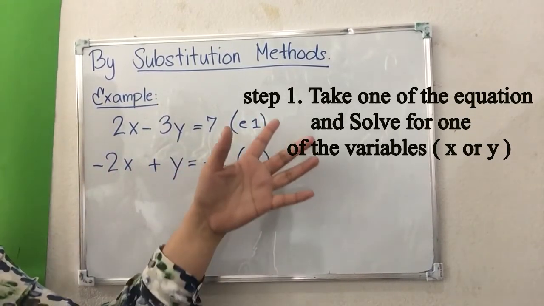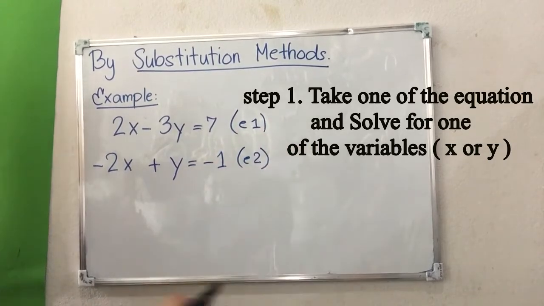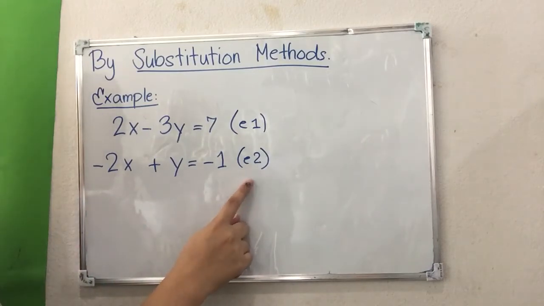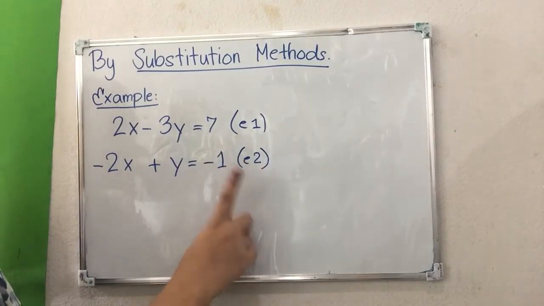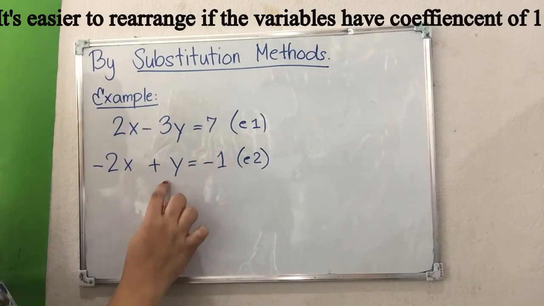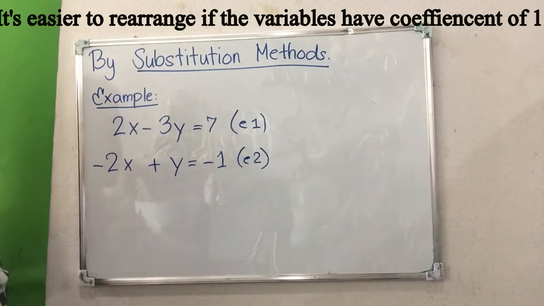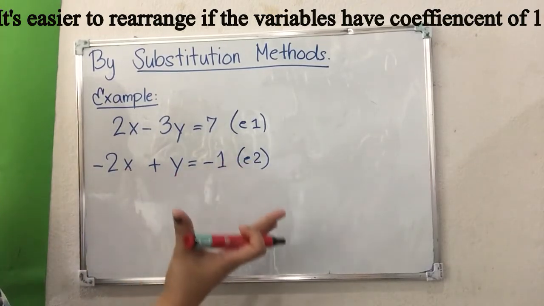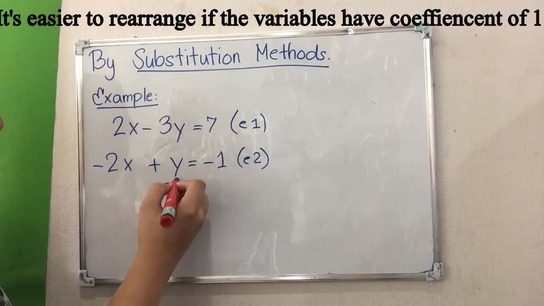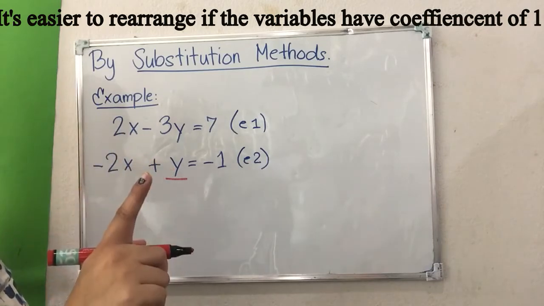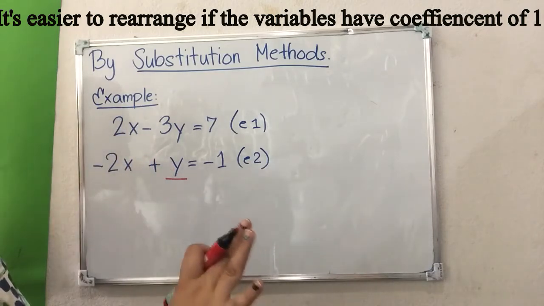All right, so we will use equation 2. Why equation 2? Because it's easier to rearrange. The y in equation 2 is easier to change because our y here has a coefficient of 1, so it's no hassle to change.